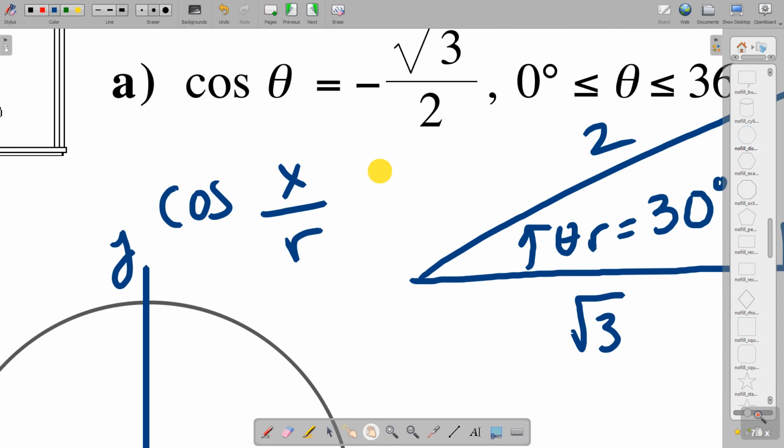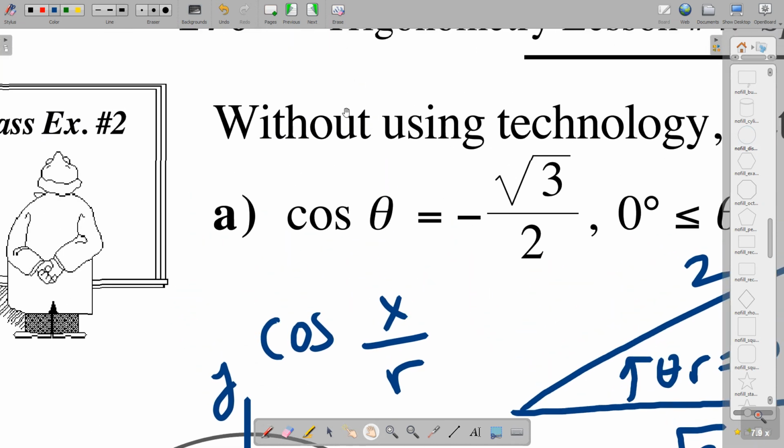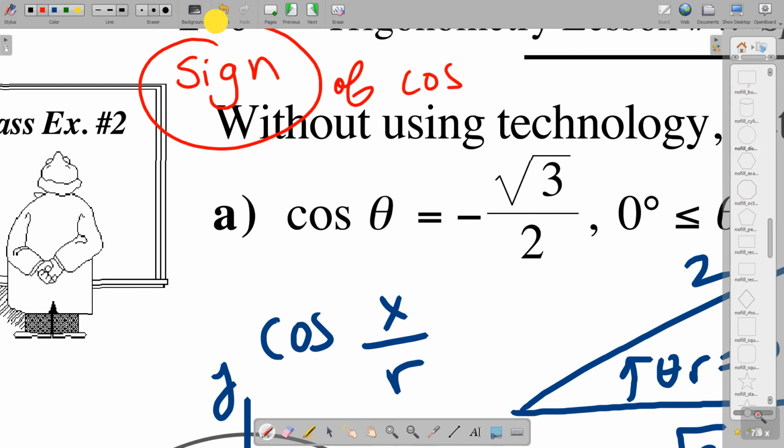Alrighty. The next question is really important. With no words, it's quiet. What is the sign of cos? Huh? Sign. It's silent.